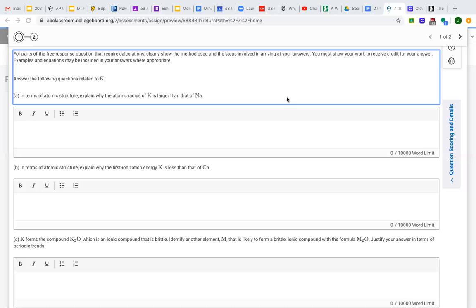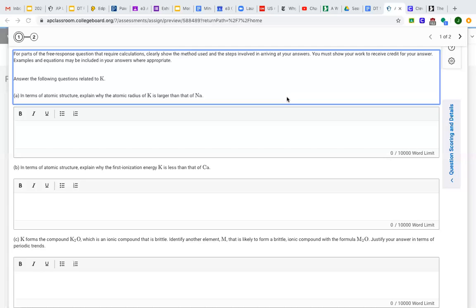Okay. So in terms of atomic structure, explain why the first ionization energy of potassium is less than that of calcium. So what do we think? Each of the valence electrons of calcium has a greater effective nuclear charge.